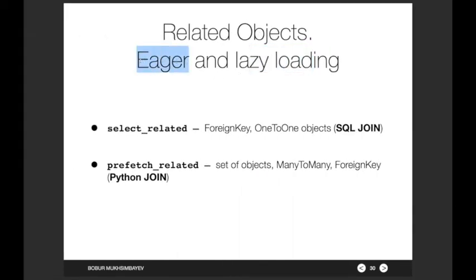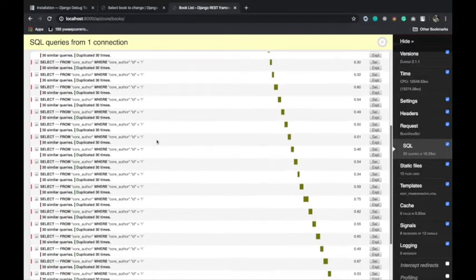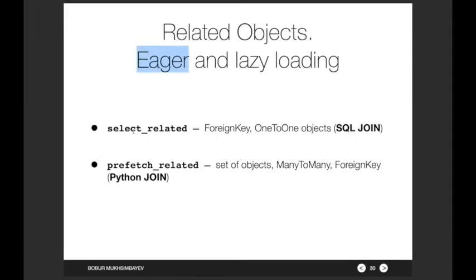When we want to change this functionality to eager loading, to not send this request again and again, we have an option called select_related, which we use for one-to-one objects.